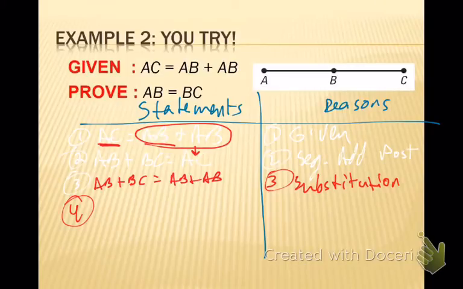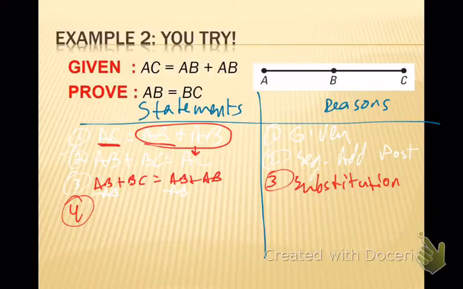So what now? Well, we see a couple of ABs here. What if we subtracted AB from both sides? That's allowed because of the subtraction postulate. Now, you don't necessarily have to show this actually subtracting the ABs out. In a geometric proof, in an algebraic proof you would, but I'm going to show it just so you can see where it's coming from.